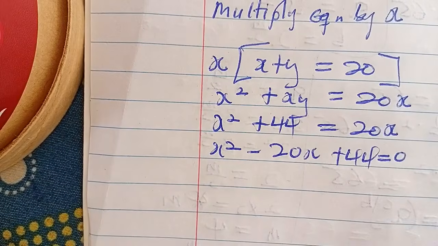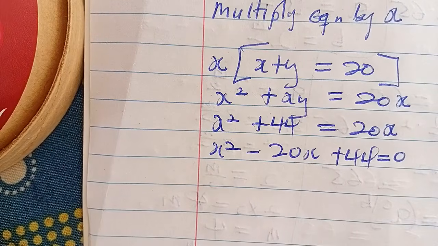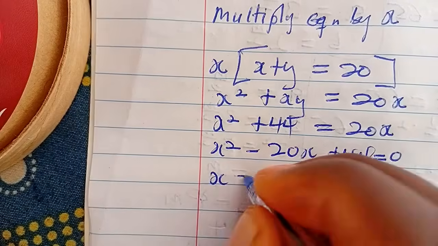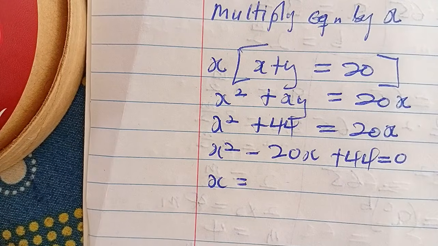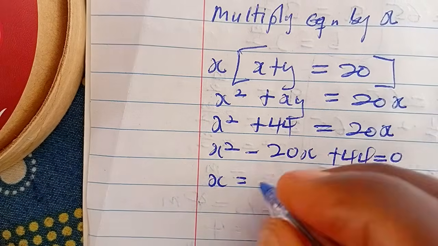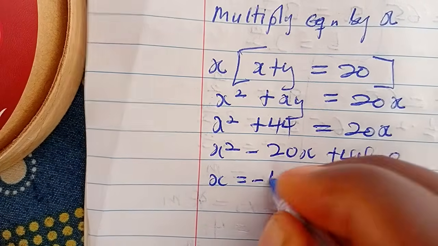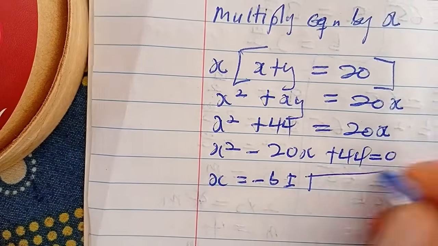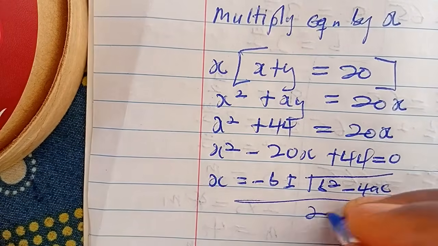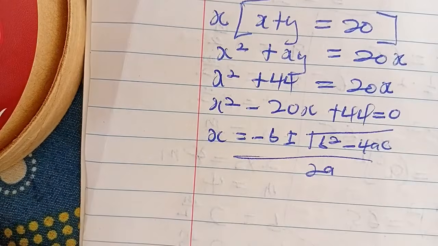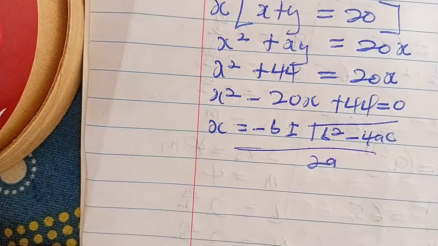Now you're supposed to use the quadratic formula, or the almighty formula. So you're going to have x is equal to minus b plus or minus the square root of b squared minus 4ac, all over 2a. Let's do the substitution.